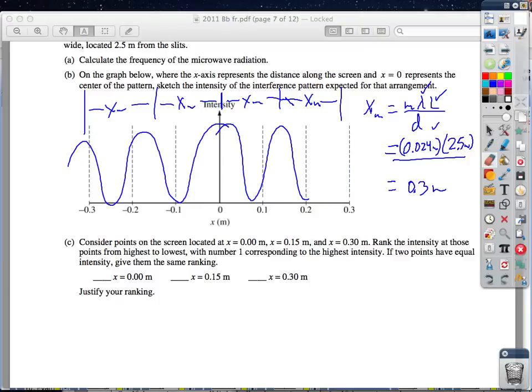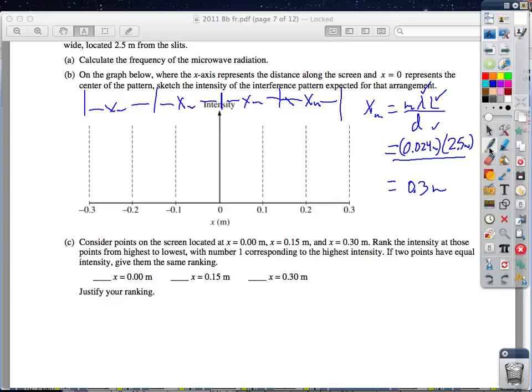All right, let me go ahead and erase this then. Because if it's 0.3 meters, then that means at 0 there should be a max, and here there should be a max. Yes? What they're looking for is that there's going to be a depression at about 0.15, where the minimum, zero intensity, is going to be.